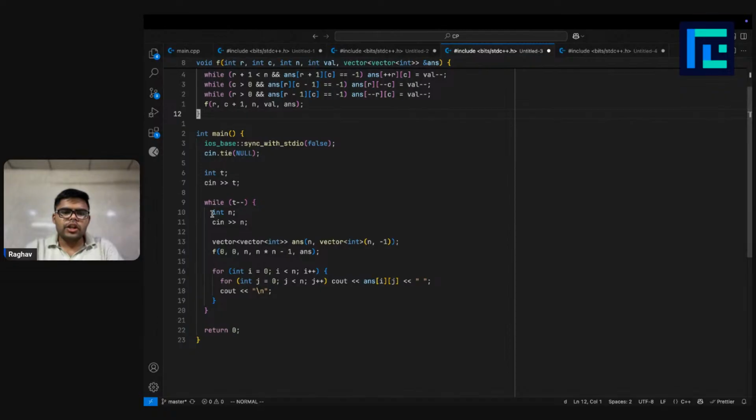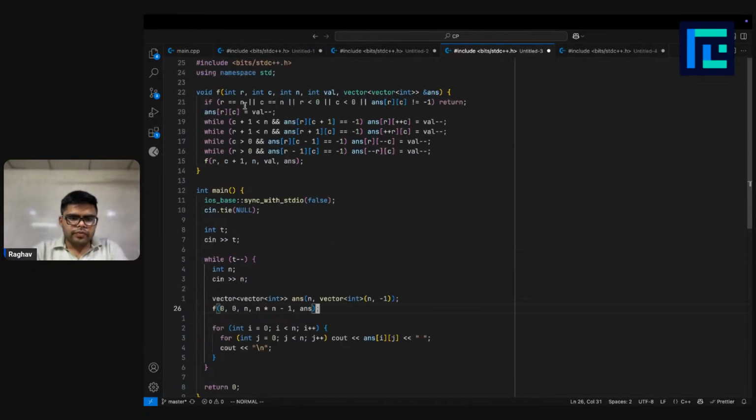For the solution, I'm first of all taking the input here. Input is just a single integer n. I created a vector of integers, a 2D vector basically, answer, and I called the recursive function where I will pass the cell, like the row number and column number for the cell, the size of the grid that we have to fill, and the current value that I have to fill, because I have already filled some values.